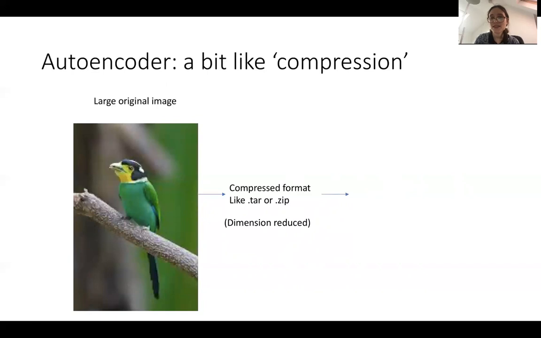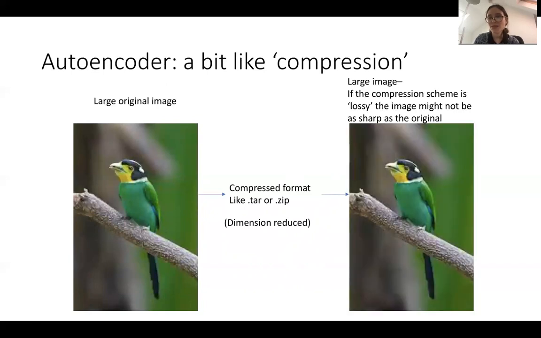This is like the dimension reduction step. Then the person who receives the email can transform the data from the compressed format to a large image, just like the original. If the compression scheme is lossy, then the image might not be as sharp as the original because you would have lost information. Not all compression schemes are lossy.